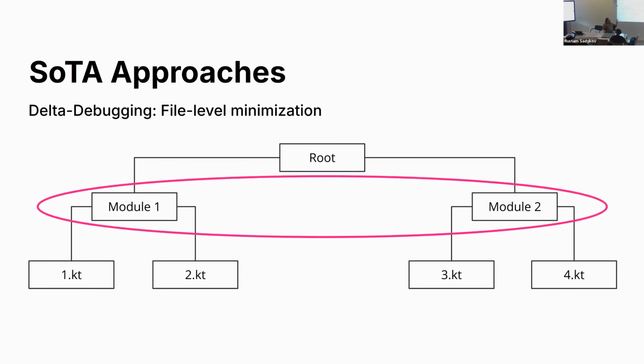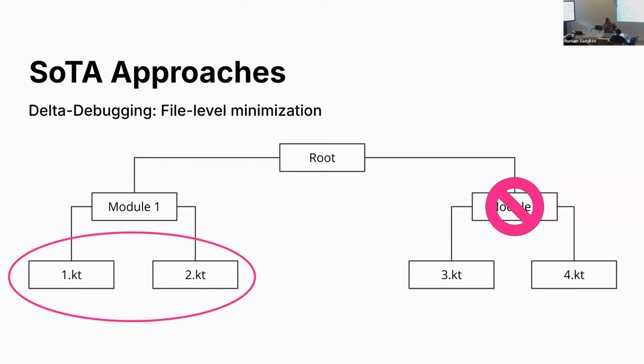We choose the first level. It can be modules, for example, and execute the usual delta debugging to try to delete something. For example, we can succeed in deleting some module, and as a result, we delete a lot of files, a lot of code, and will reduce the number of REST calls dramatically.